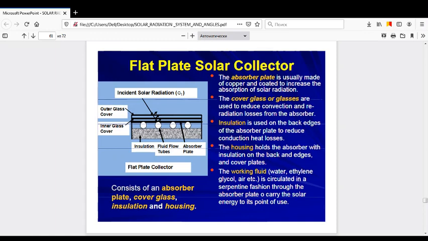The insulation is used on the back and edges of the absorber plate to reduce conduction heat losses. The housing holds the absorber with the insulation on the back and edges and the cover plates. The working fluid, that is water, ethylene glycol, air, etc., is circulated through the absorber plate to carry the solar energy to its point of use.